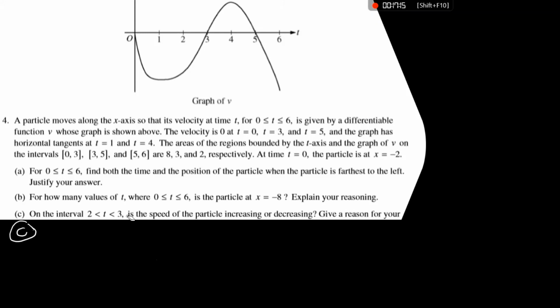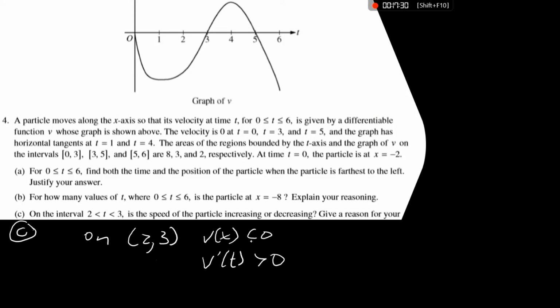Is my velocity positive or negative? Negative. On 2 to 3, v of t is negative. What about my acceleration? Positive. v prime of t is positive.